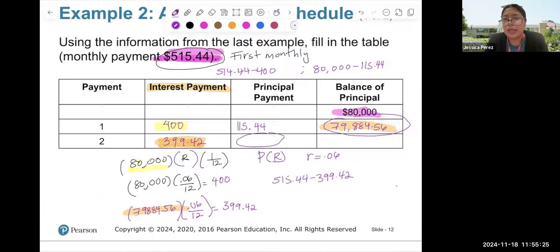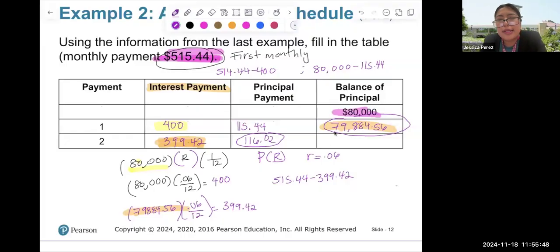So let's go ahead and plug it in our calculator. 515.44 minus 399.42 should give me 116.02.